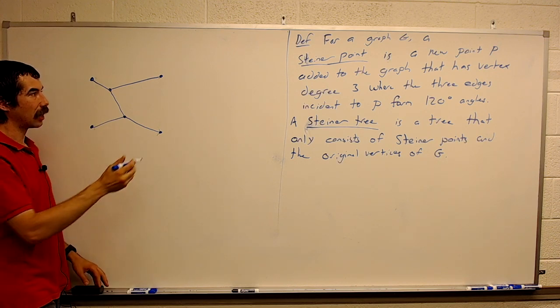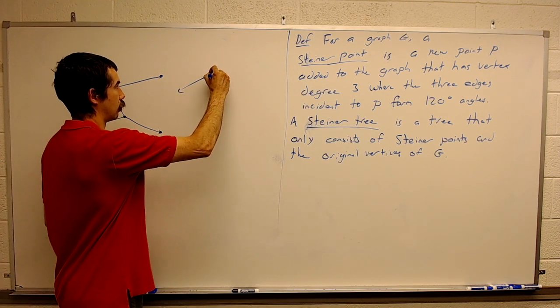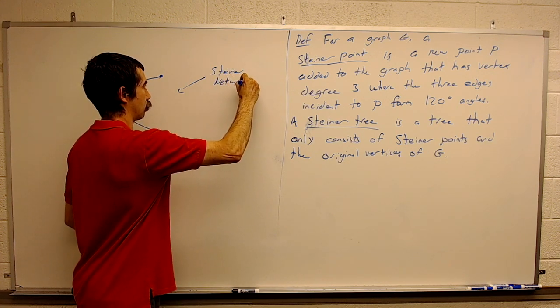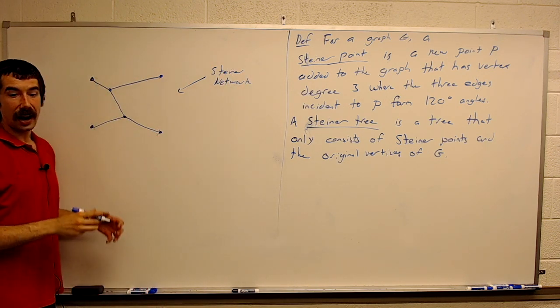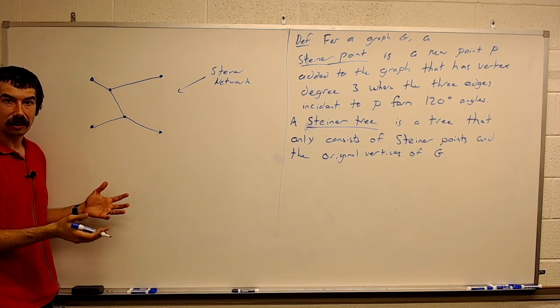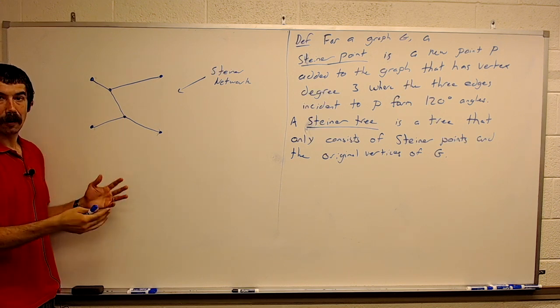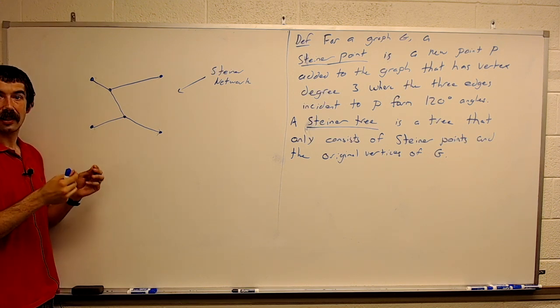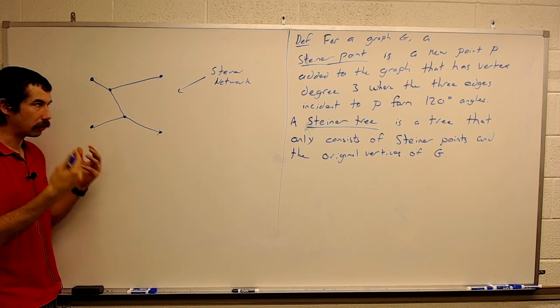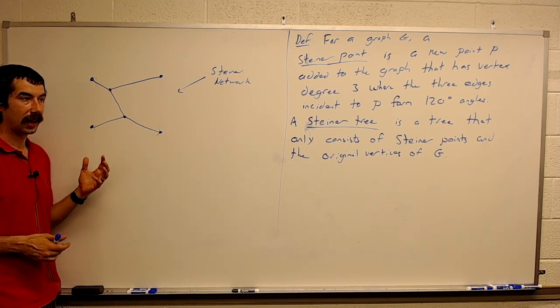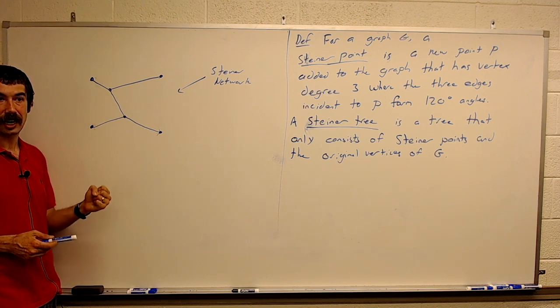This is our Steiner network. Okay, and if we had some technology to actually measure these side lengths, this network is shorter than the minimum spanning tree. So if you use this Steiner method, you get a network that is better than the minimum spanning tree.